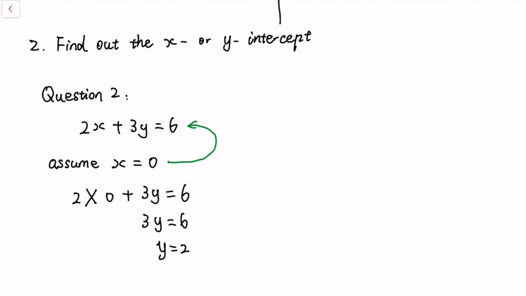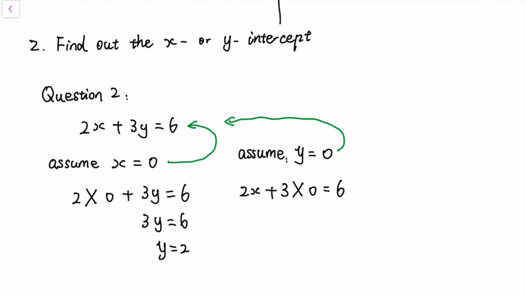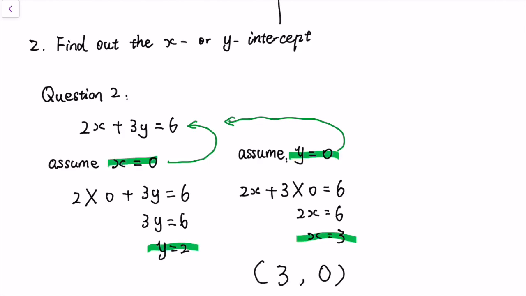Next, you are going to assume y equals 0. You also put this into the equation and figure out the x value. 2x plus 3 times 0 equals 6. So 2x equals 6 and x equals 3. And then you can write it like this.